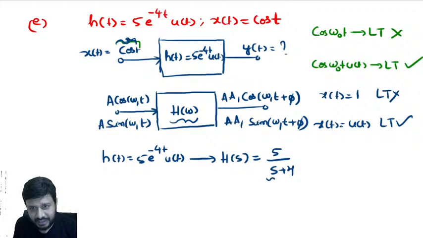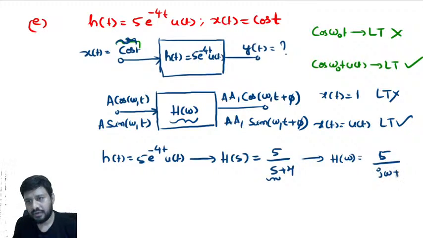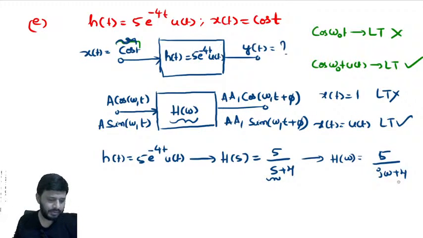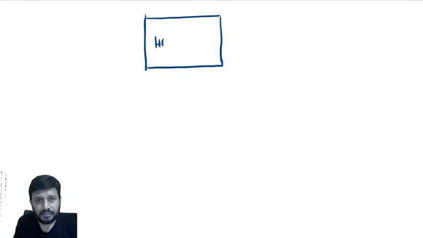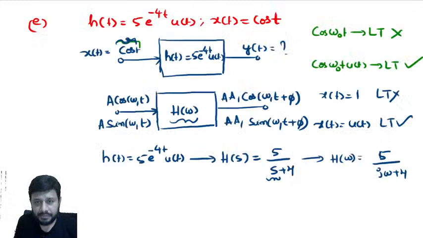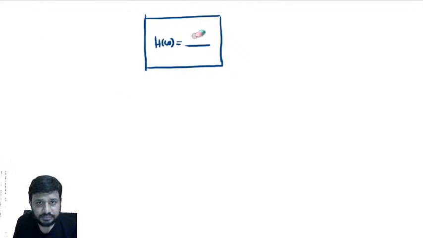Now, in the place of s, substitute s equal to j omega, so that you get the frequency response: 5 by j omega plus 4. Now I have the frequency response.